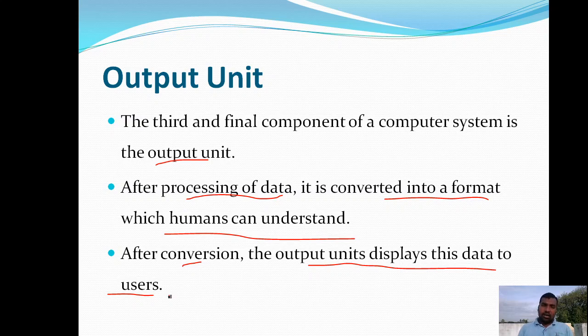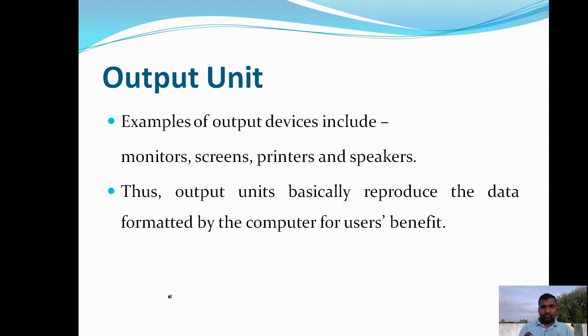That is why, before displaying the result of the computer, whatever result is generated by the central processing unit is converted into a human-readable form and then displayed, so that the user can easily understand the output they are getting after giving some input with the help of an input device. Examples of output devices include monitors, screens, printers, speakers, etc.